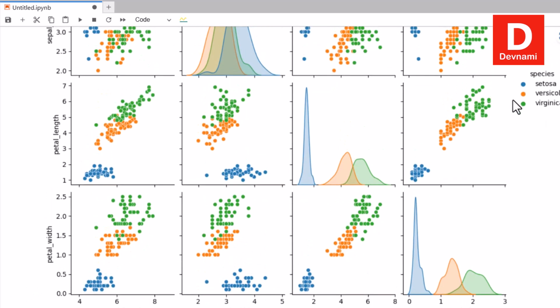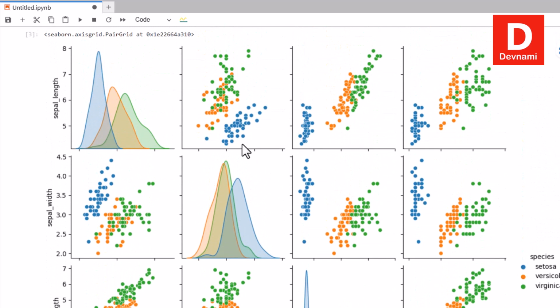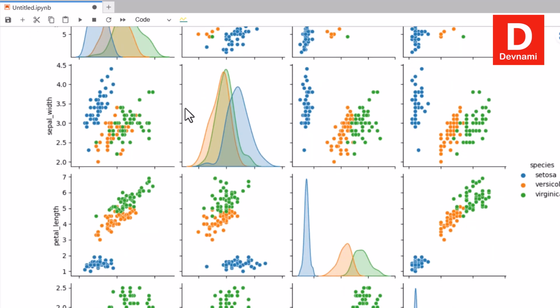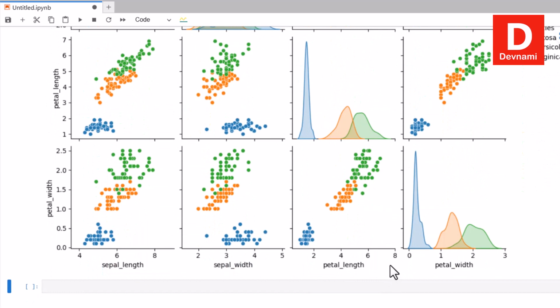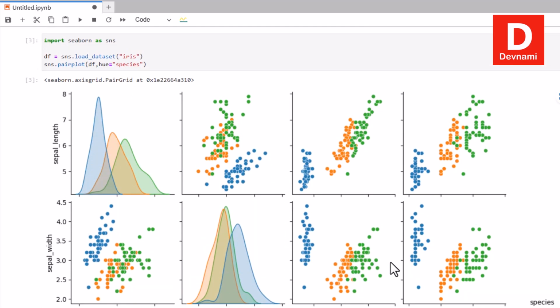And on the right hand side, you will also get this legend showing those species: setosa, versicolor, and virginica. So basically these are flowers or plants and they have their own species, and with color code you will find them in a variation with scatter plot here and density plot as you can see in the diagonal, right? So we managed to draw the plot and then categorize it with the group, right?